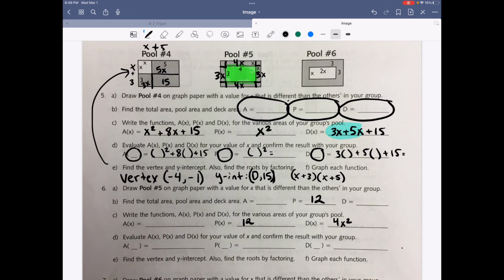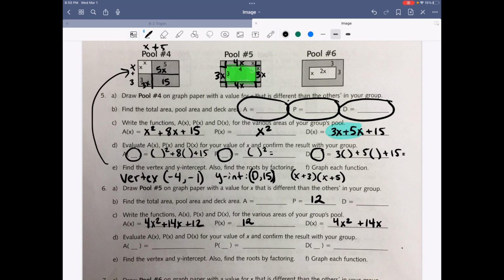Altogether, 3 plus 4 is 7, and you have that double, so 14, right? 3 plus 4, 3 plus 4, 7 plus 7, that's going to be 14x. If we put the pool and the decking together, then the function would be 4x squared plus 14x plus 12.